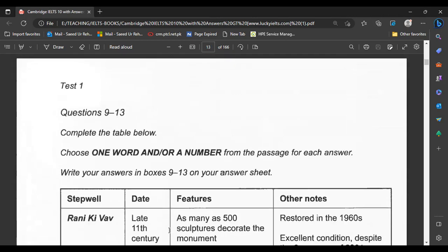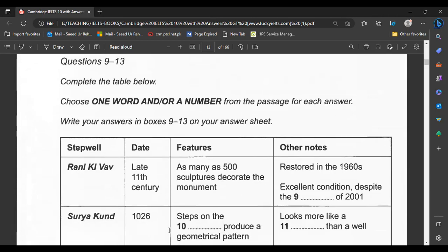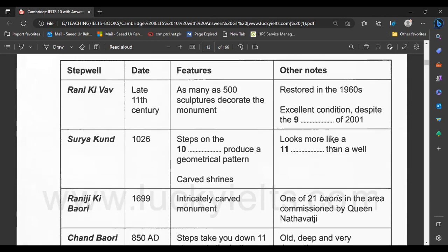Then there is another type of question. You can see here is a table, and questions 9 to 13 are in the table. For a table you must learn what is written at the top of the table and what is written on the left side of the table. That will give you an ample chance to answer the questions properly.